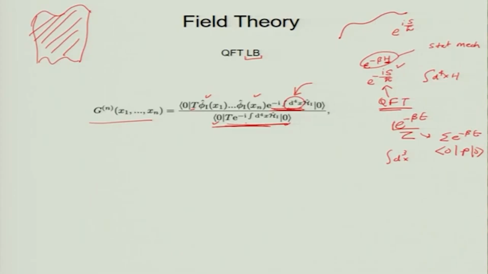I will briefly mention it in a later lecture today. It is a critical difference, but we do not have time to get into the subtleties of this, so I will mention it and we will just go ahead. But I hope you can see the correspondence between statistical field theory and quantum field theory. There are of course differences: there is a time-ordered product, these are operators, and we have the Feynman path integral compared to e to the power minus beta H. But there are a lot of similarities. This is like the partition function.